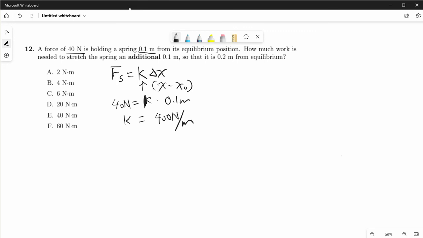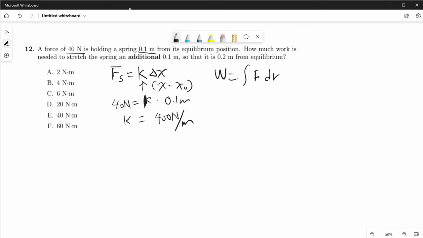So now we can get work. Work is the integral of force over distance, dr being just a distance, whatever, dx, dy, or dz, whatever your distance is over, whatever direction.